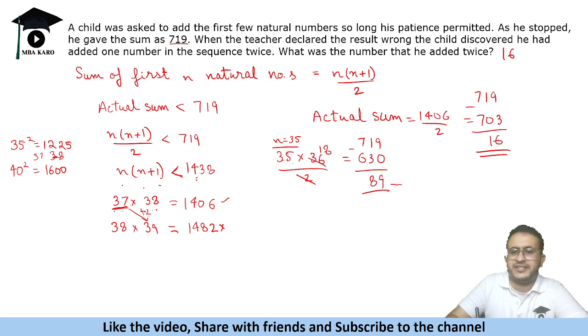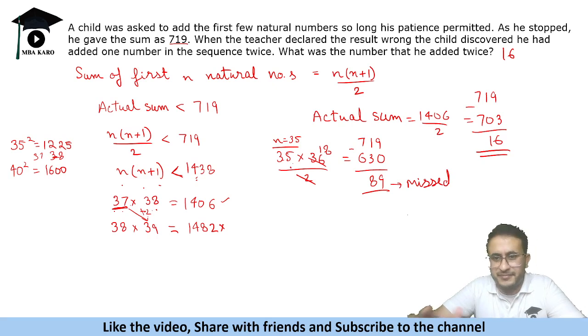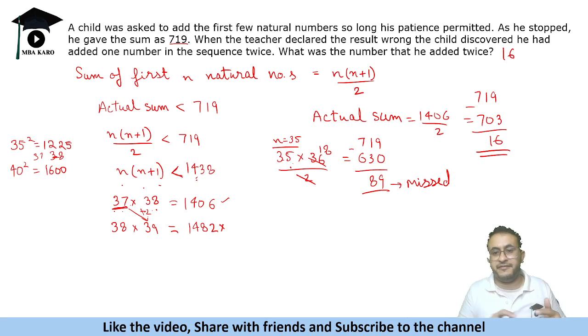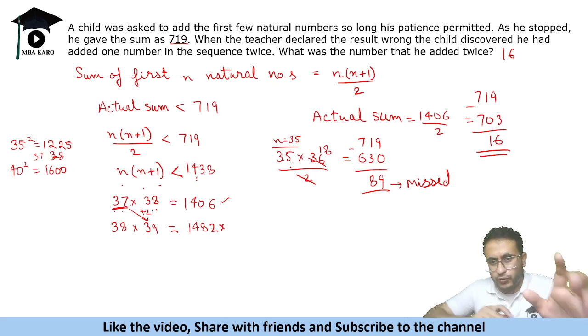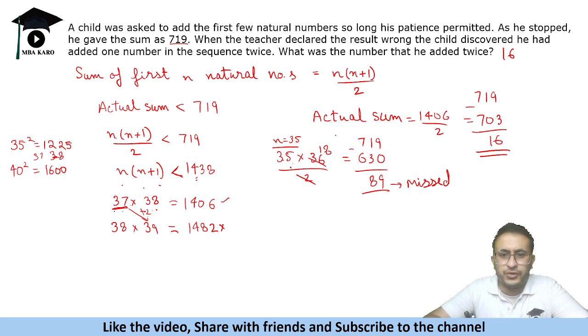So the number missed is 89. Now, if he is adding till 35, how can he miss 89? That is why we need to take the number which is just less than 1438, the sum which is just less. So we will take the immediate value of n before that. So no lesser value. We will take n equal to 37. Actual sum will be 703, and the student missed the number 16.